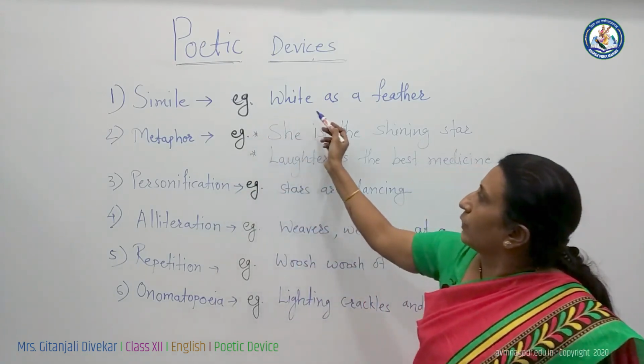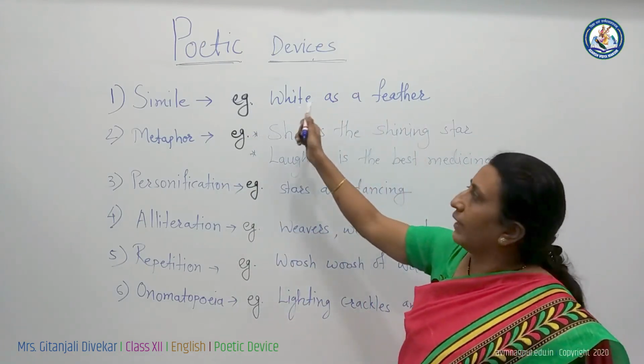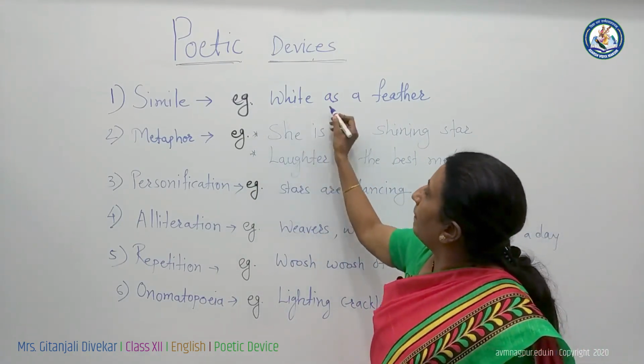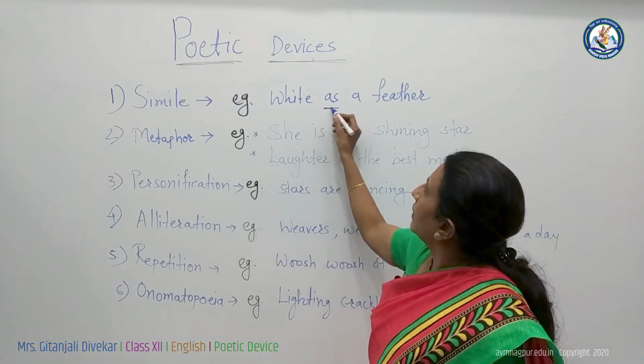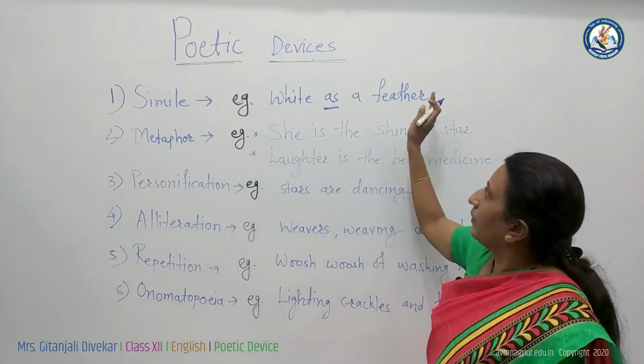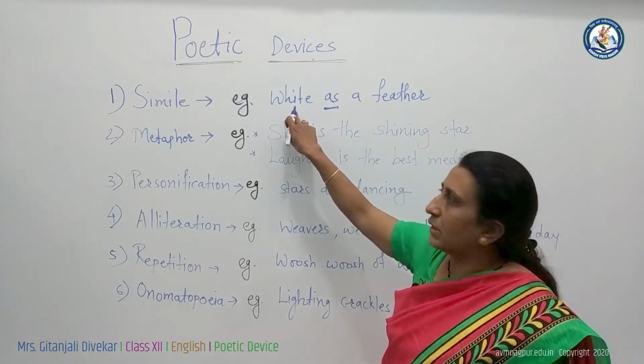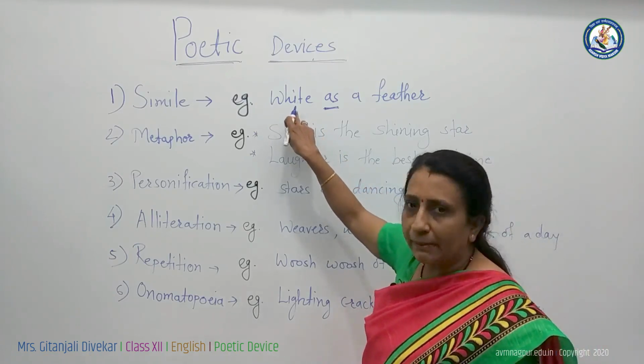So here you can find white as a feather. You can find that this comparison is given. It is the comparison between cloth and feather. So what is the common factor in both the things? What thing or what quality is compared?